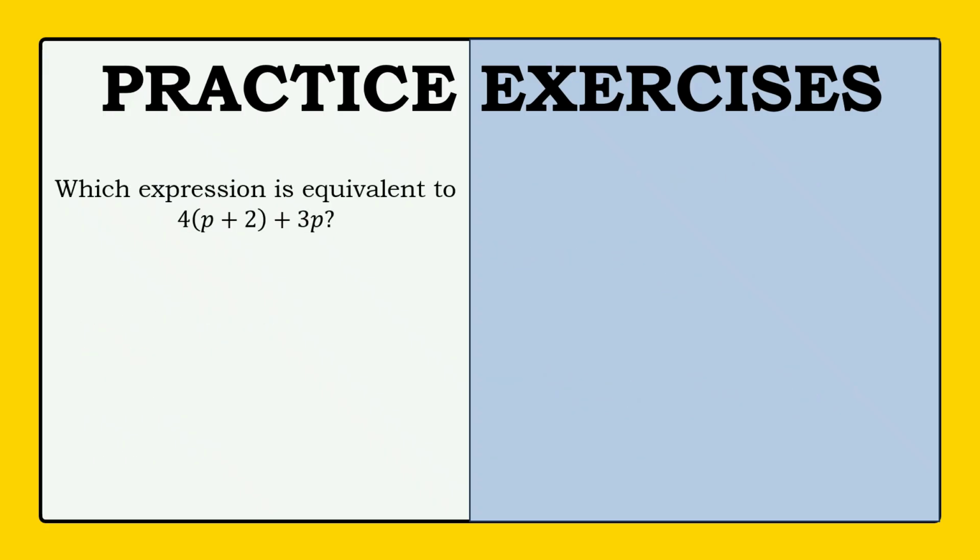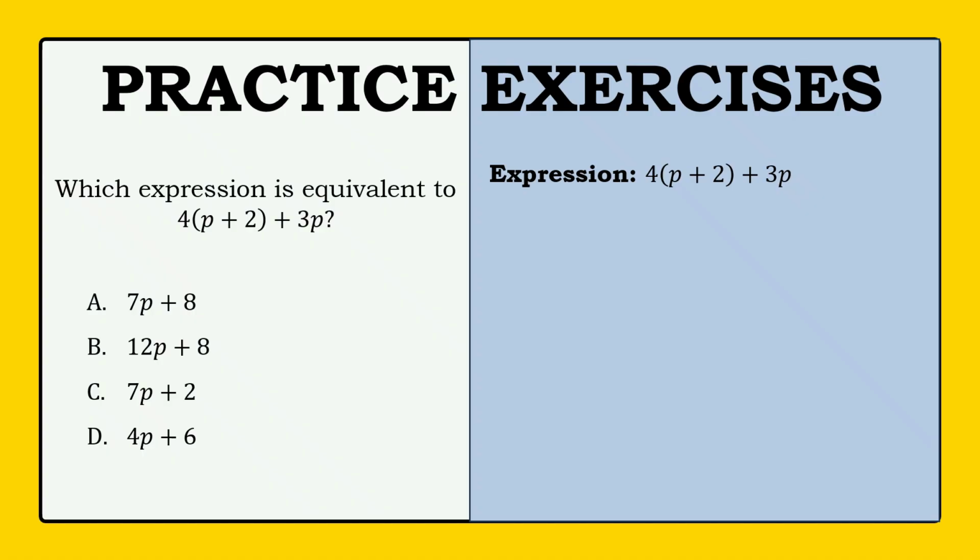Which expression is equivalent to 4 times the quantity of p plus 2 plus 3p? A: 7p plus 8, B: 12p plus 8, C: 7p plus 2, or D: 4p plus 6? What do you think the answer? Alright, let's find out.